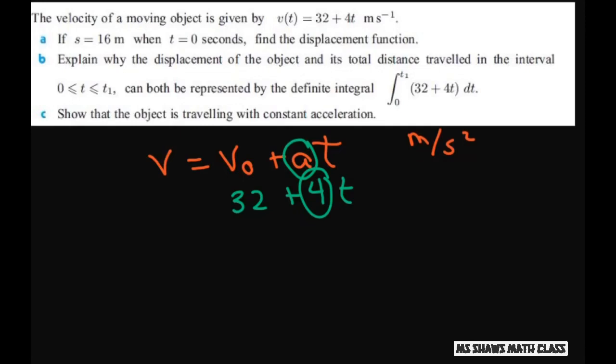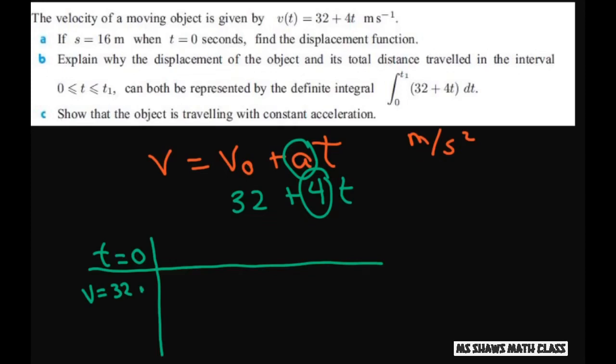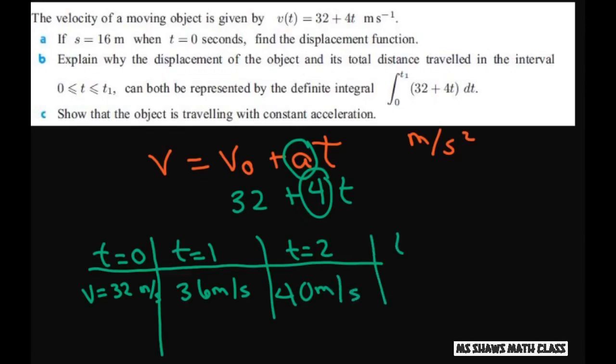To show this, we're just going to do t equals 0. If t is 0, our velocity would equal 32 meters per second. If t equals 1, we'd get 36 meters per second. If t equals 2, that's 40 meters per second, and so forth. t equals 3, you get 44 meters per second.